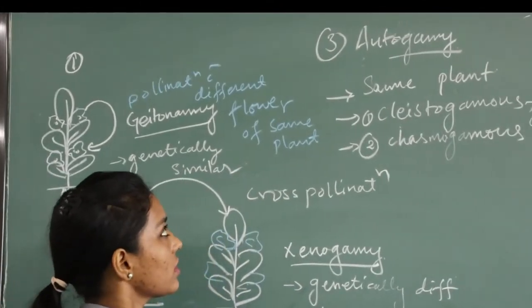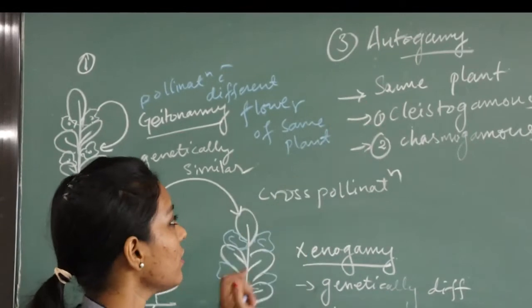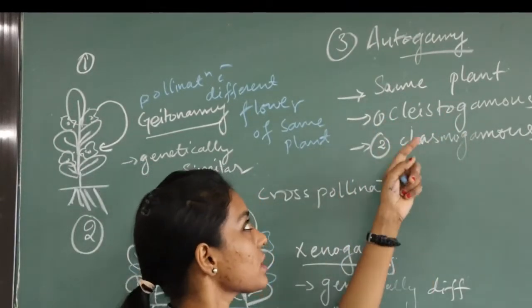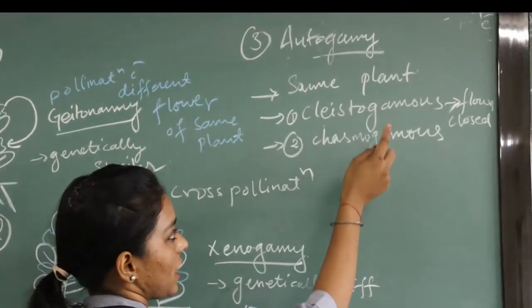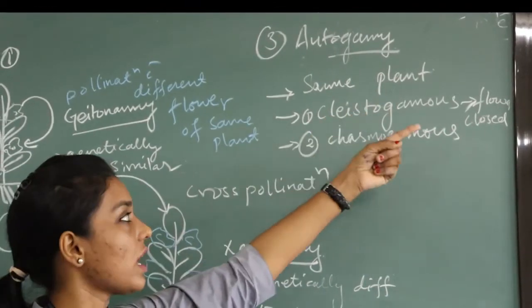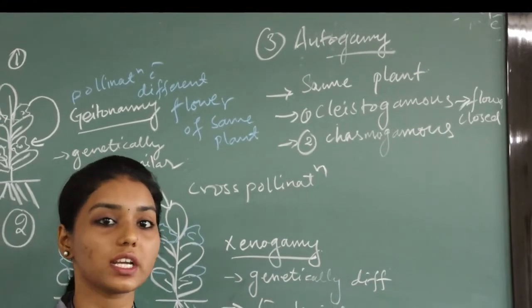Flowers are closed. We started with autogamy. Now, autogamy has two conditions which favor it, that is cleistogamous and chasmogamous. In cleistogamous, flowers are closed so that no cross-pollination can occur.